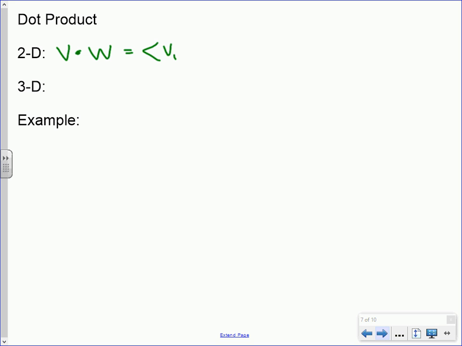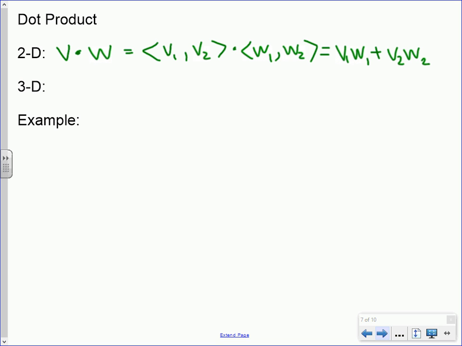So v dotted with w. How did we do that? Anybody remember? How did we do the dot product? Yes. You multiply like components and add those products together.